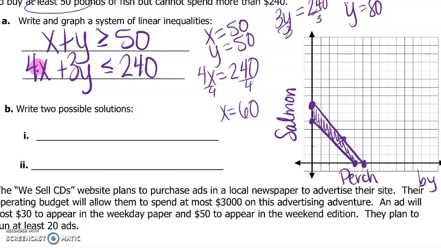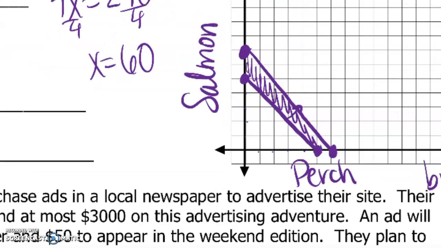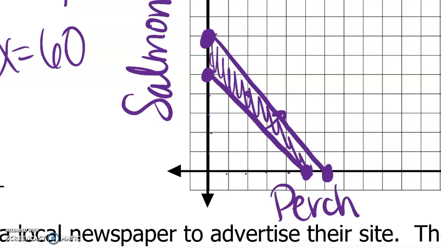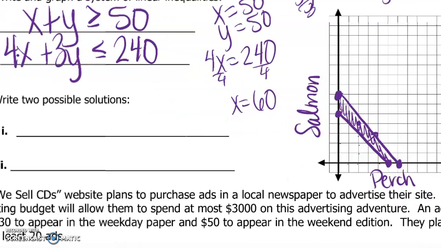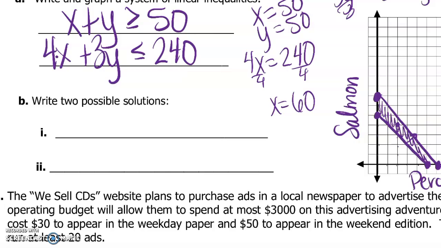So here's where you have to be careful when you are writing your answer out. If we look at an ordered pair that's inside, so I'm going to use this one right here, that's the ordered pair 2, 4. So you want to just say 2 pounds of perch, but remember we're counting by tens.